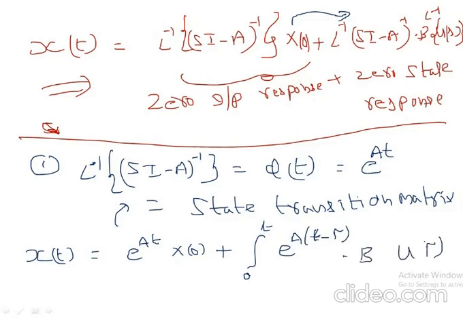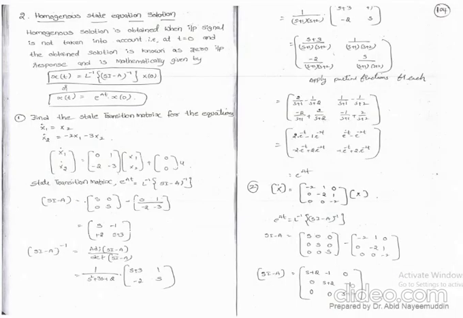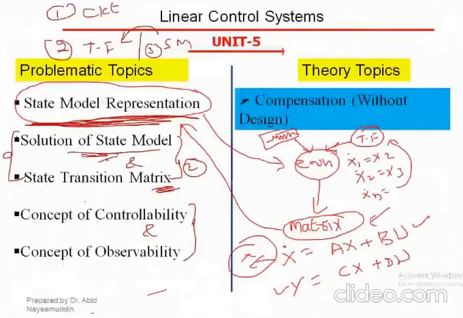Remember, the integration is with respect to tau, not t. So the derivation is there for this formula to determine the time response, that is, the solution. So this equation denotes the solution of the state equation, and this equation denotes the state transition matrix. These two.